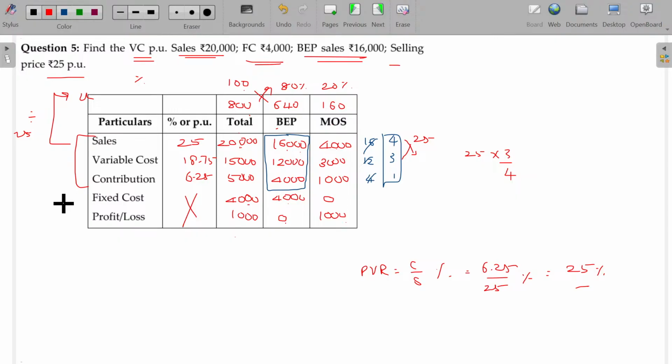If the BEP is 30%, 40% or 25%, what does it mean? They have a huge margin of safety. If the BEP is higher, the company is weaker. It may even go negative, right? So you have to be double cautious. You can guess the company's performance based on BEP ratios, BEP percentage, right? Okay, clear?